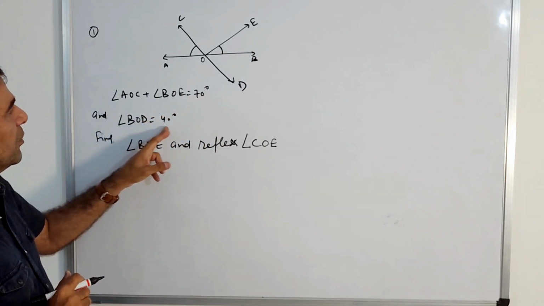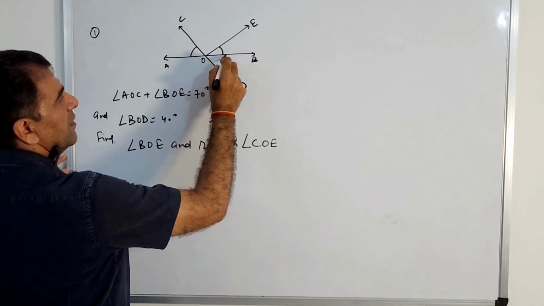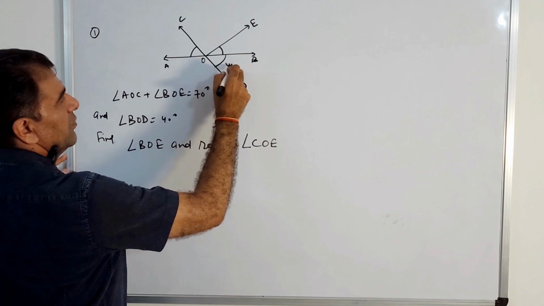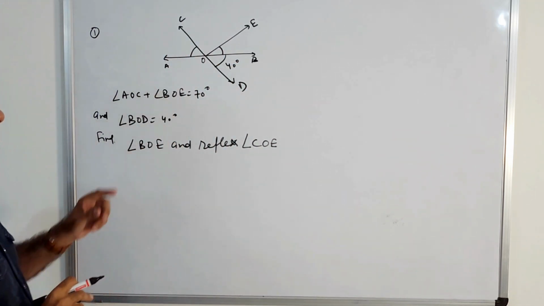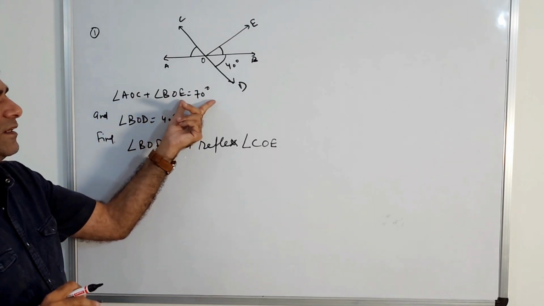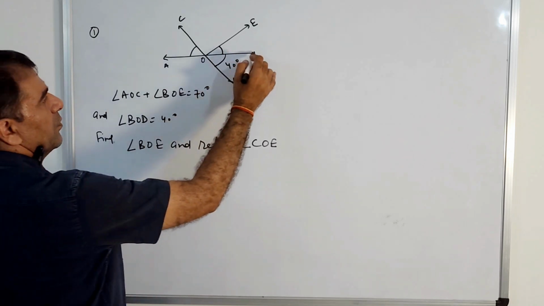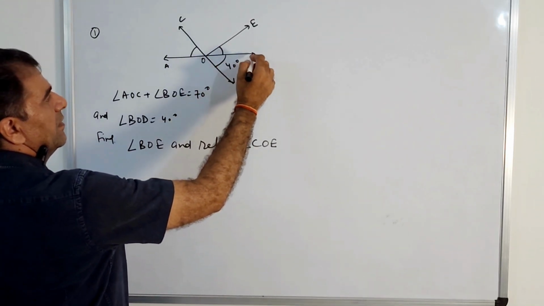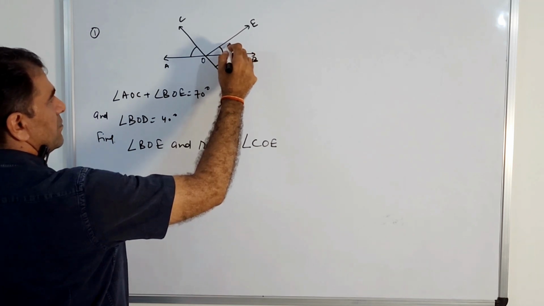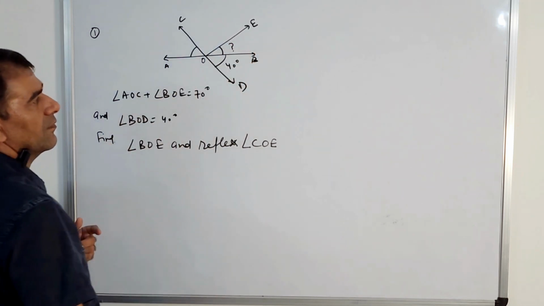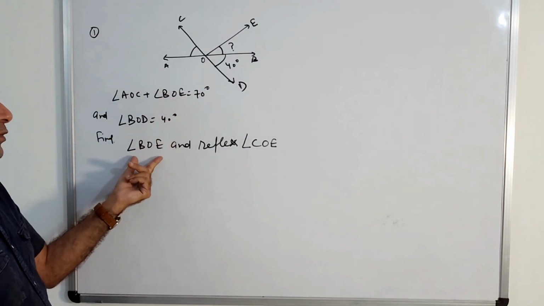And angle BOD, this one, is 40 degrees. Find BOE. This one we have to find out, because in the sum BOE is not given. We have to find out BOE.